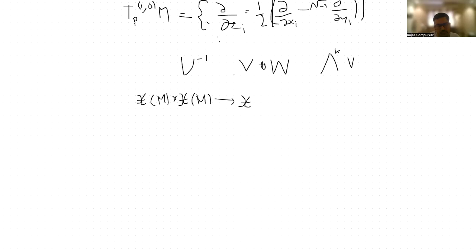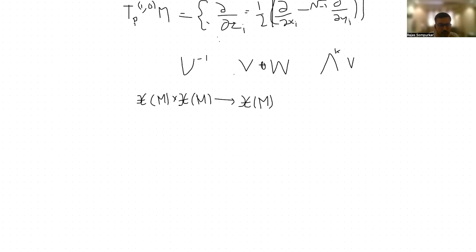Suppose now that capital M is a smooth manifold, and X of M is the set of all smooth vector fields on the manifold M.